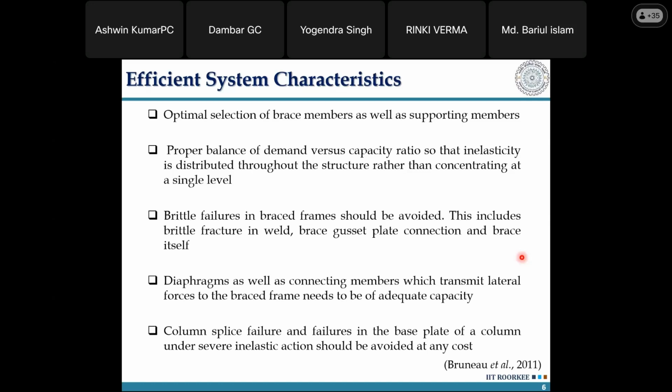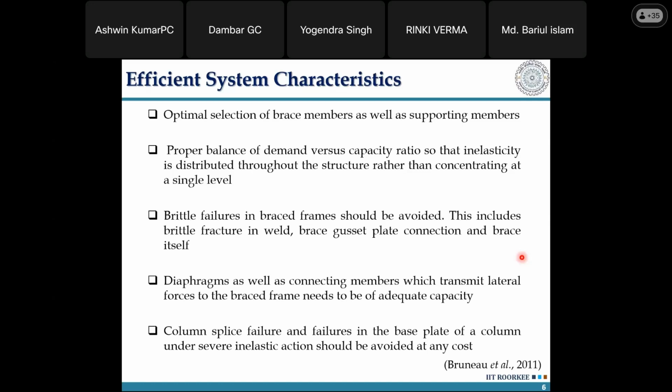Next, brittle failure of the brace frame, like weld or base plate connections, should be avoided. Ductile detailing has to be ensured, along with the diaphragms which transfer the forces. Normally, braces are not given in the interior, because that will hinder the functionality of the building. So mostly we give the braces along the periphery of the building.